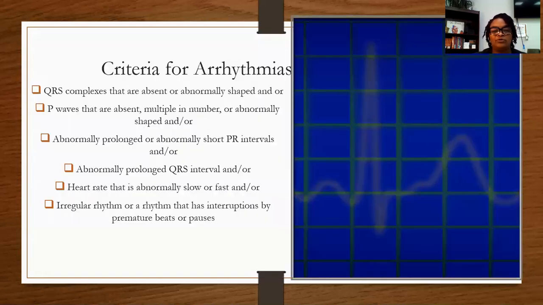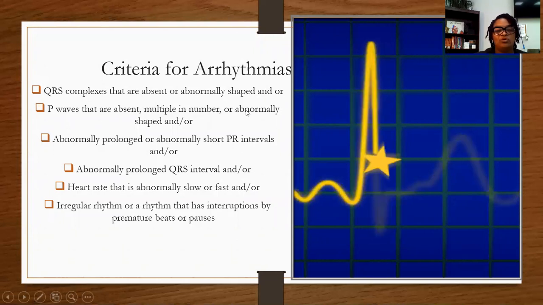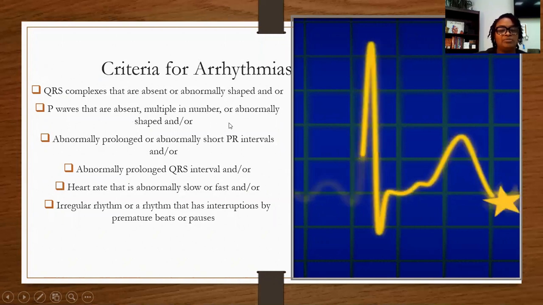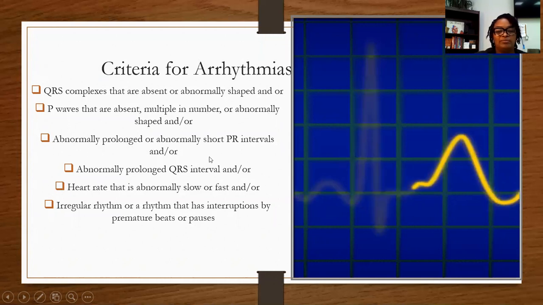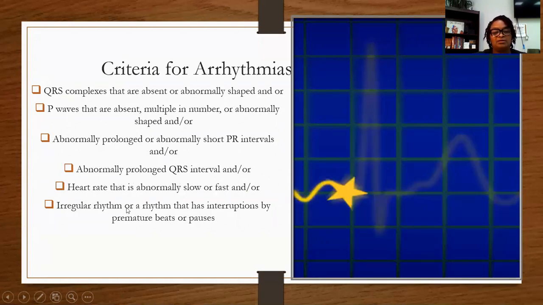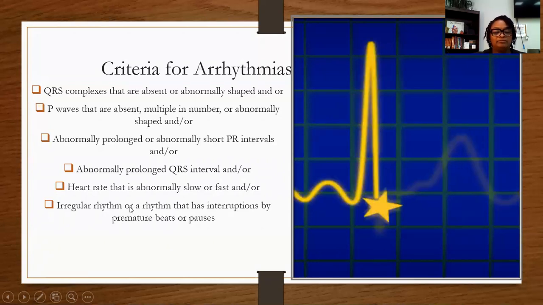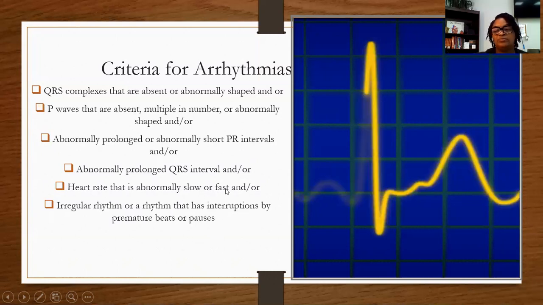Your criteria for arrhythmias: QRS complexes that are absent or abnormally shaped, P waves that are absent, multiple in number, or abnormally shaped, abnormally prolonged or abnormally short PR intervals, abnormally prolonged QRS intervals, and or the heart rate is abnormally slow or fast, or the rhythm is irregular, or a rhythm that has interruptions by premature beats or pauses.